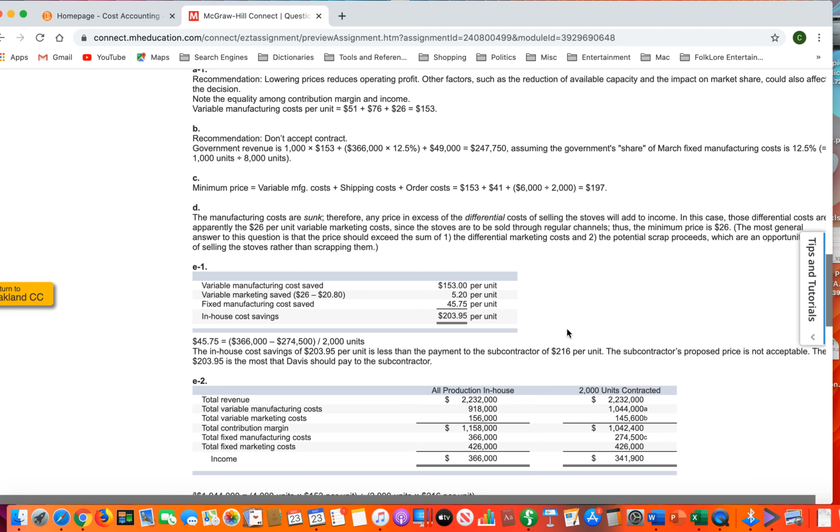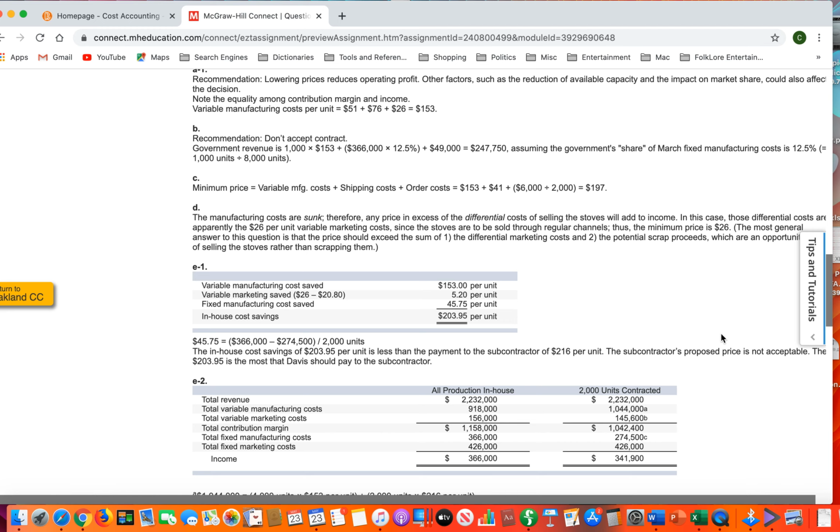That's how I would do it. But again, the way they've done it is different, but we came up with the same answer. And so you're saving $203, but they want you to pay them $216, so you reject the order. Okay? You reject the order.